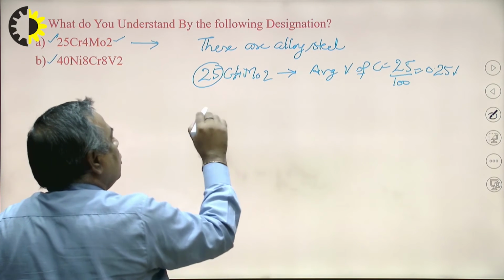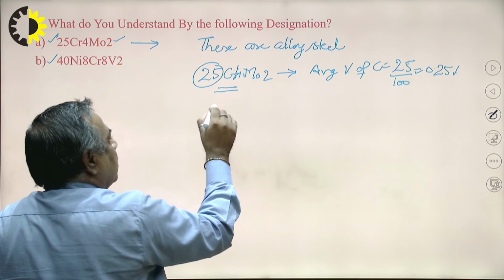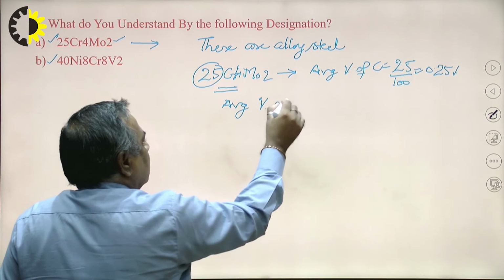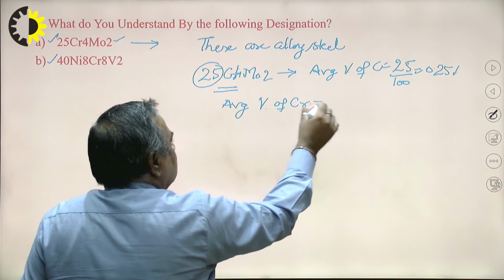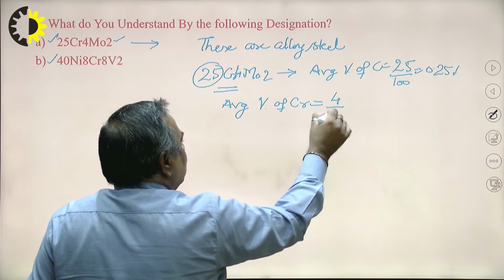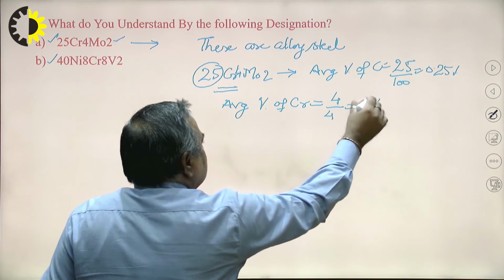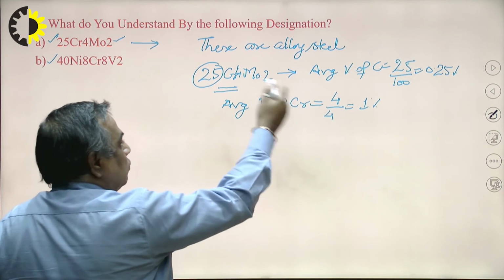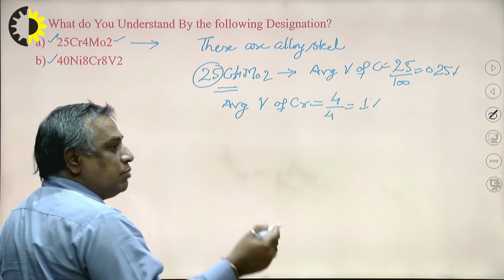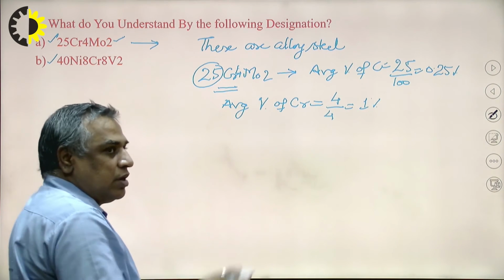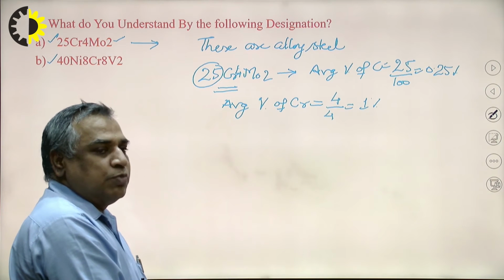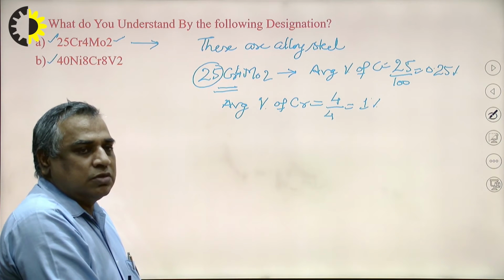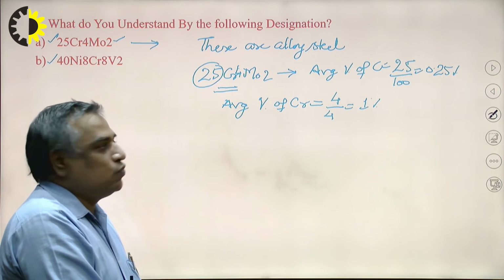So for chromium, the average percentage of chromium is 4 divided by 4. It is 1%. This is the rounded off value 4. It may be 0.8 or 0.9 multiplied by 4, maybe in the actual situation it may be 3.6. Then it might be rounded off to 4.